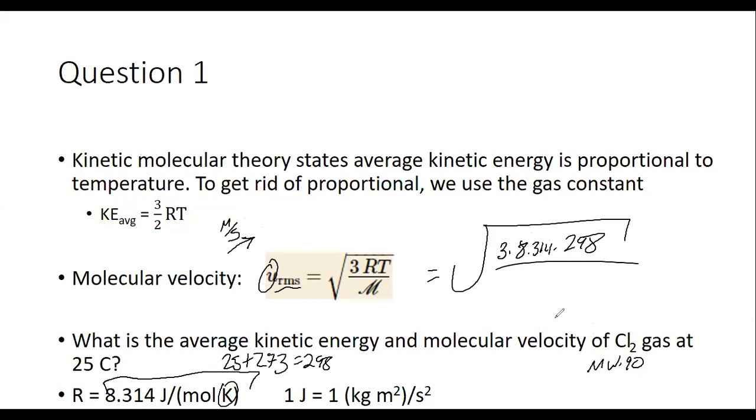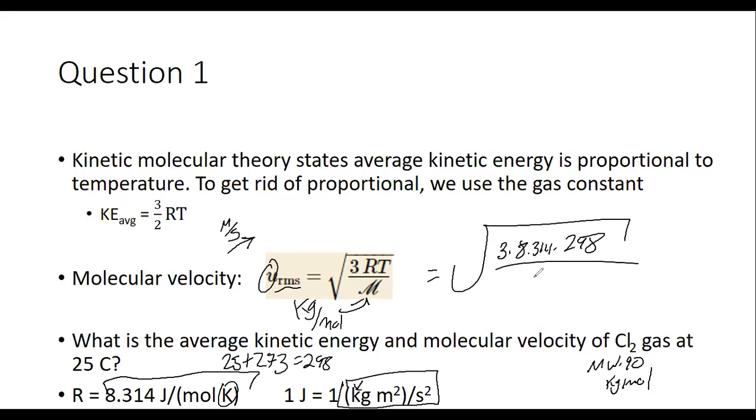For this, our molar mass needs to be in kilograms per mole. So that's another caveat to our molecular velocity equation. This needs to be kilograms per mole, which we've never used before up to this point. The reason why is that 1 joule is kilograms meter squared per second squared, so we need to cancel out the kilo.